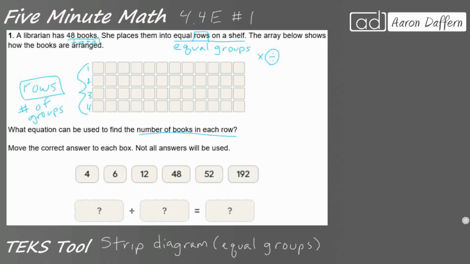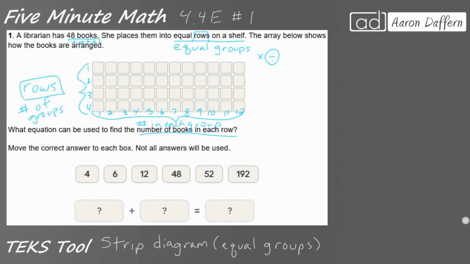And since we actually have this array, we can actually count, if we wanted to, the number in each group. So that is what the number of columns represent, right? So we can count them 1, 2, 3, 4, 5, 6, 7, 8, 9, 10, 11, 12.